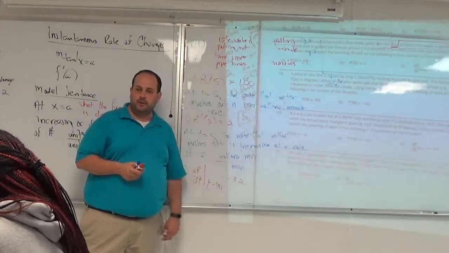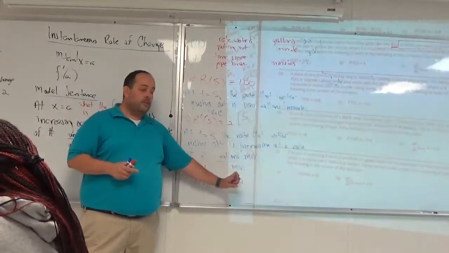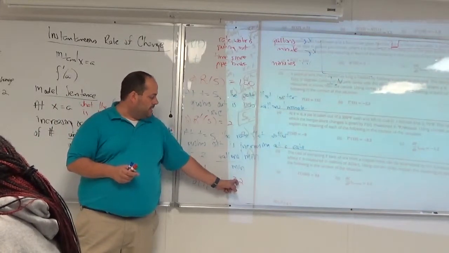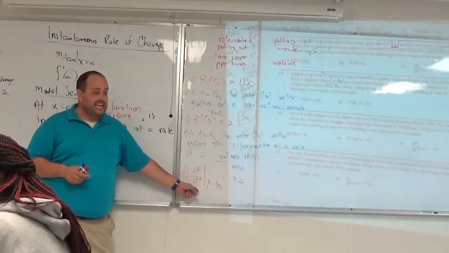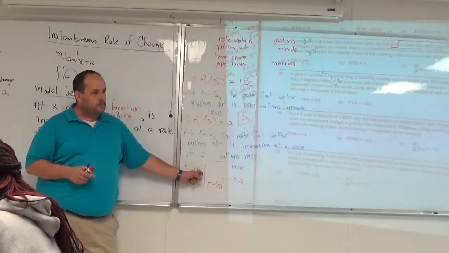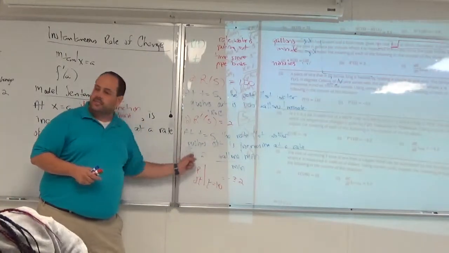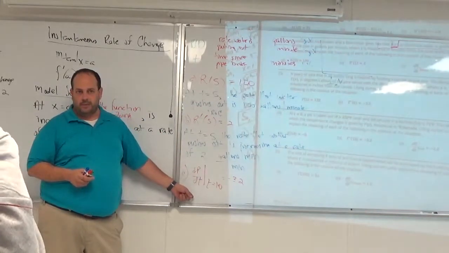Jackie, what's the rate doing? Decreasing. Decreasing at a rate of 3.2. Get the units right. R is measured in gallons per minute. T is measured in minutes, so it's gallons per minute per minute. I really like this notation because it's got all the stuff. I can see the units a little bit better.